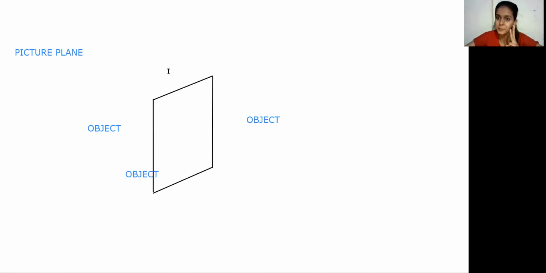So there are three possibilities. The object is behind the picture plane, the picture plane is behind the object, or third option, the object is touching the picture plane. In all three cases, a perspective view may differ because of the change of distance from the picture plane.